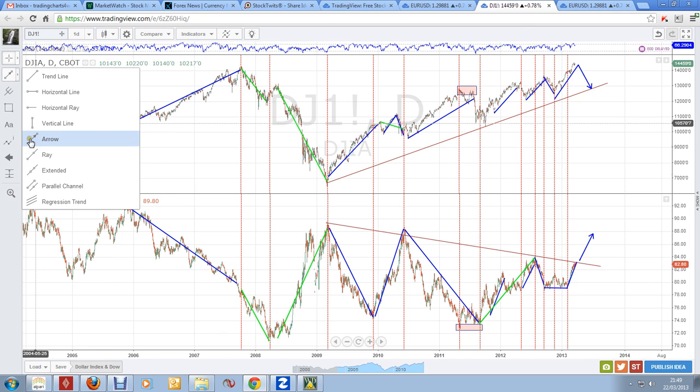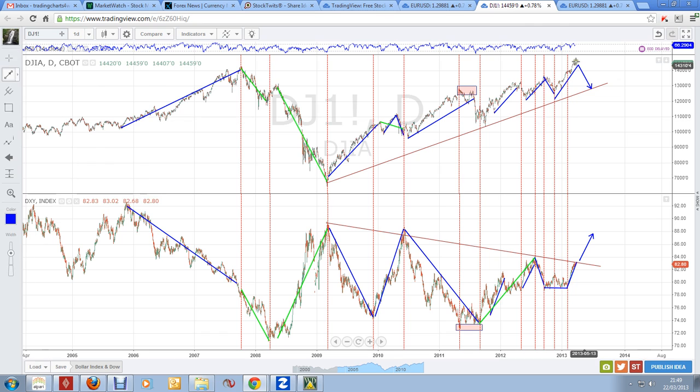Are we going to see a situation where, for example, equity market might correct a little bit and then just simply take off, and the dollar index comes down? So in other words, let me just change the color of those arrows.